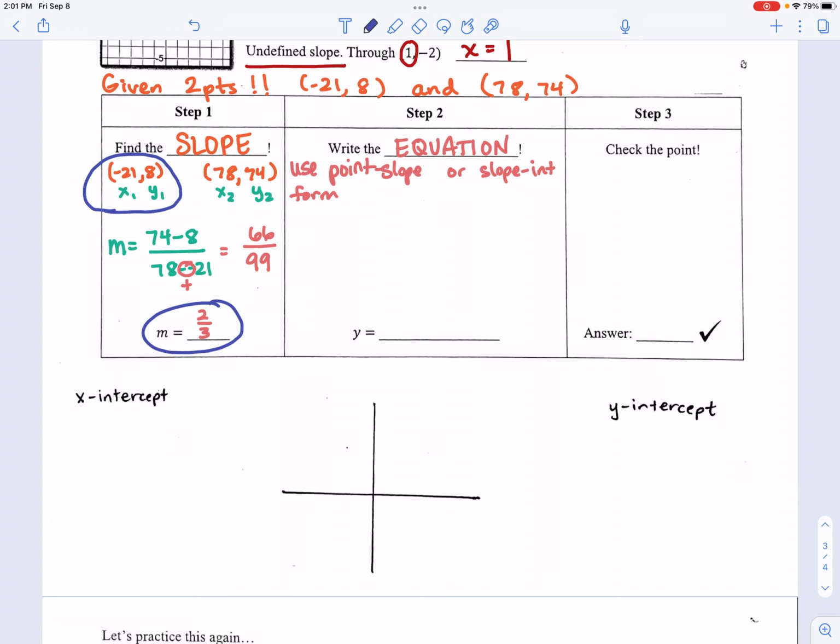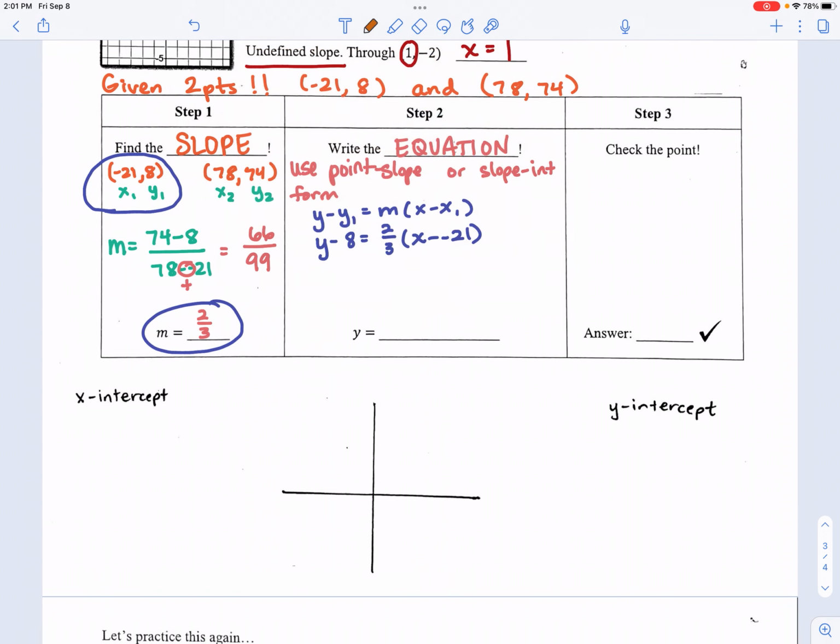We're going to use that in our point slope form. I'll write down the formula: y minus y1 equals the slope times x minus x1, and I'm just going to plug in my x1, y1, and my slope. So my y1, according to the point that I've already labeled, is 8. My slope is 2/3, and then x minus my x1 that I already labeled is a -21.